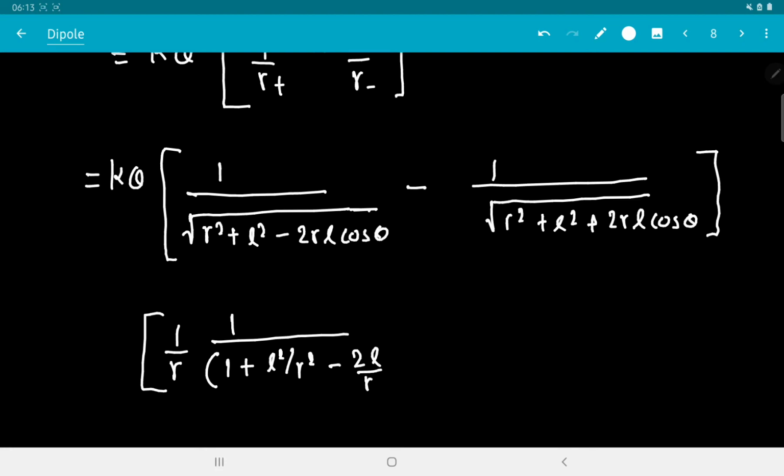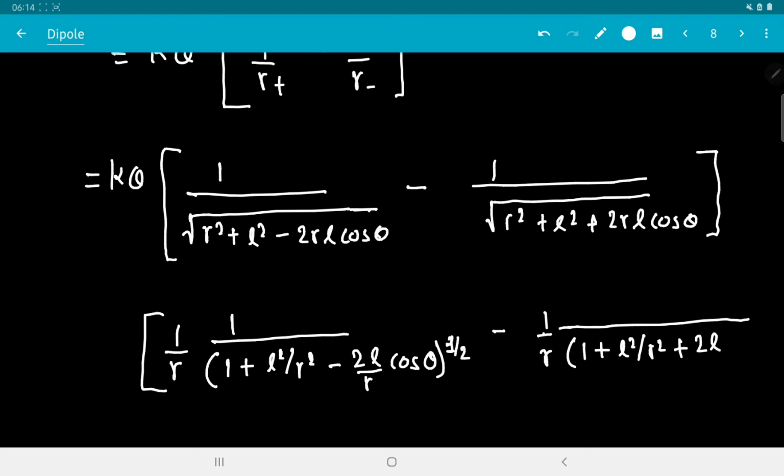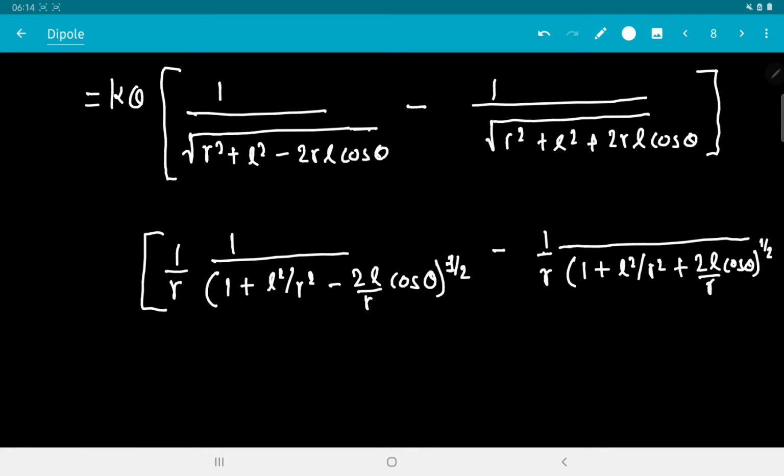We have divided each term by r square. And minus here also we will take 1 by r common outside. In the denominator we will get again 1 plus l square by r square plus 2l divided by r cos of theta, raised to 1 by 2. So we can take this r outside.